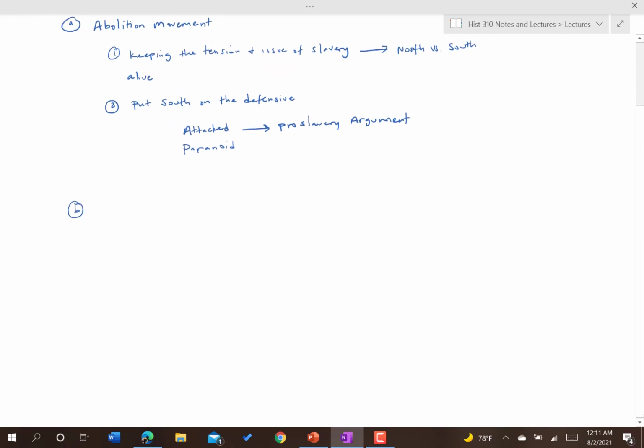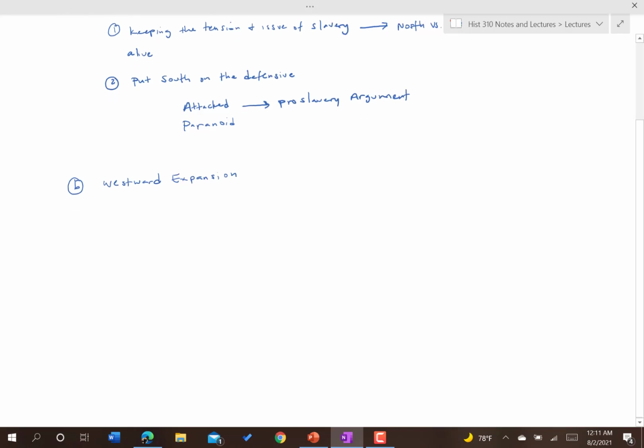The next thing, of course, is westward expansion. Westward expansion had always been part of the United States, even before the United States, something people wanted to do and expand. But what creates tension here is that you have two parts: new territories being brought in, and then the question of statehood.